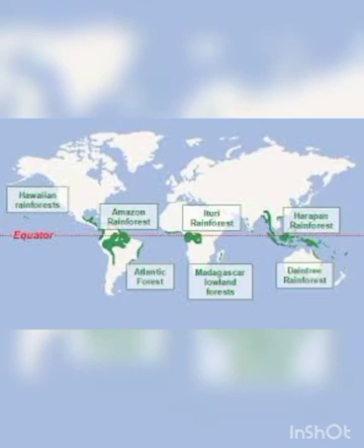Now listen here. The second point: equatorial regions are very hot because they lie very close to the equator, 10 degree north and 10 degree south. So this is very hot but humid. Humid means moisture in the air, and rain throughout the year.